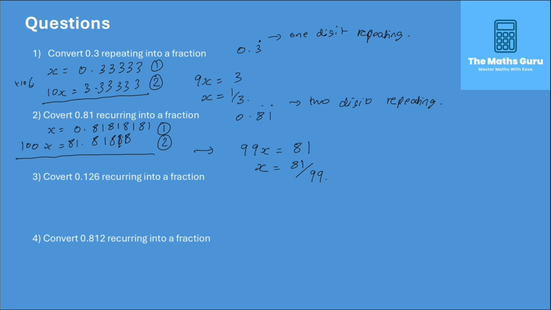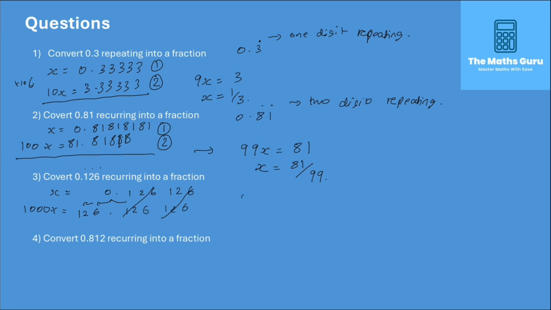Okay, now we have 0.126 recurring. And as you can see, there are three different recurring digits. So when we write our x, we're going to have x is equal to 0.126 recurring, and then we're going to have 1000x is equal to, moving this 3 spaces to the left, 1, 2, 3, 126.126, 126, as such.